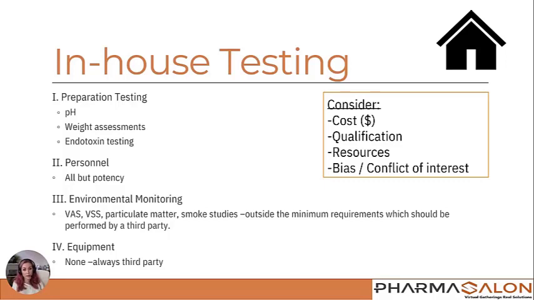So are your staff capable of performing that test? Resources. Do you have the people to dedicate to that? Compounding pharmacies are always very busy, and it might just be easier and honestly faster for you to send that out instead of trying to dedicate someone who's already stretched really thin to performing the testing in-house.